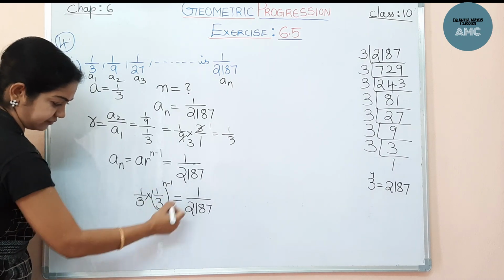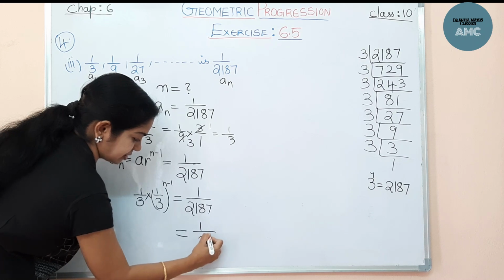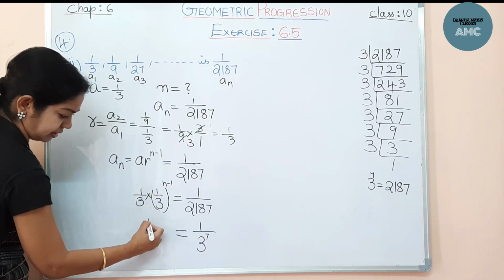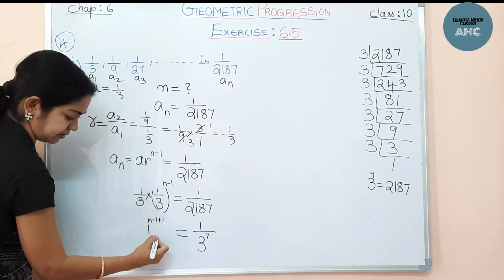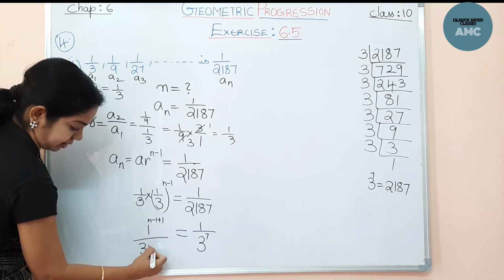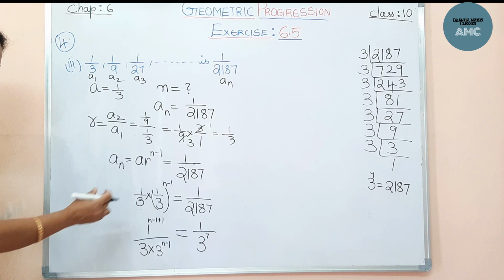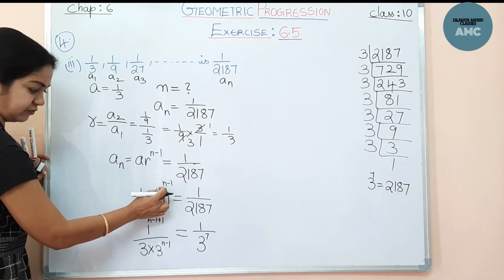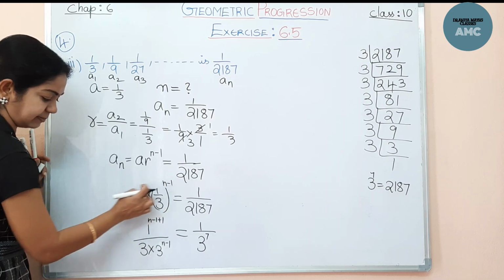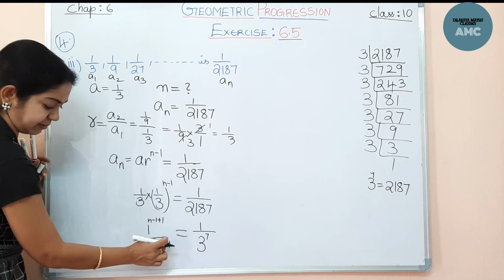Now on the left side, and on the right side, I can keep 1 by 3 raised to the power 7. On the left, 1 raised to n minus 1 plus 1, and below, 3 raised to n minus 1 plus 1. Because there is a multiplication, I have added the powers: 1 for 1, n minus 1 for 1 is there, and 3 raised to the power of 1 and 3 raised to the power of n minus 1.